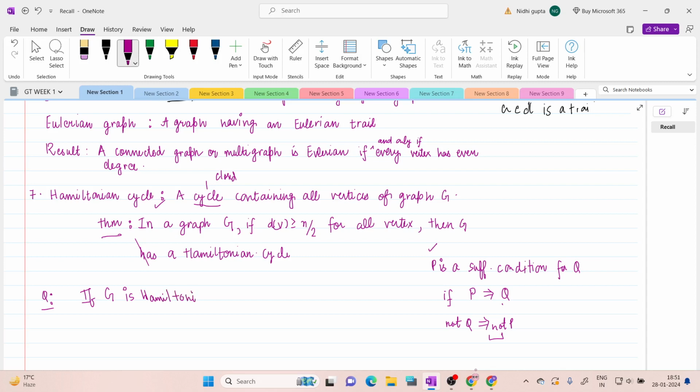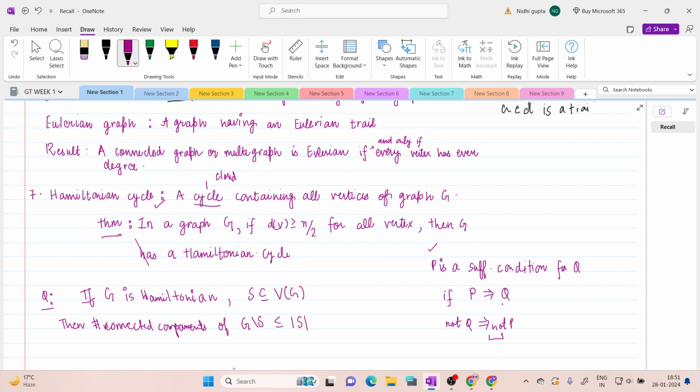We have one necessary condition: if G is Hamiltonian and S is a subset of vertices of G, then the number of connected components of G minus S should be less than or equal to the order of S.